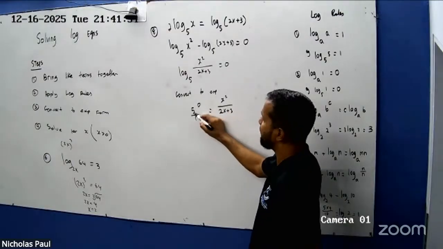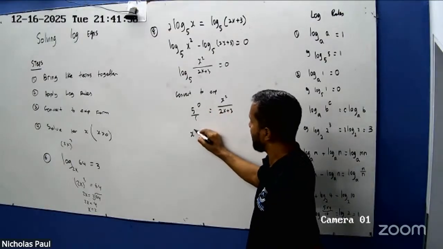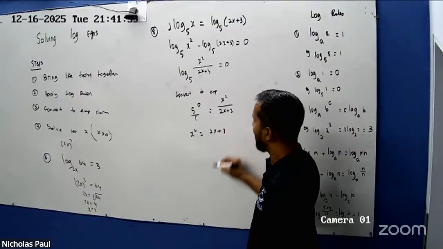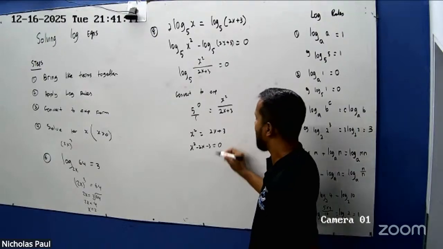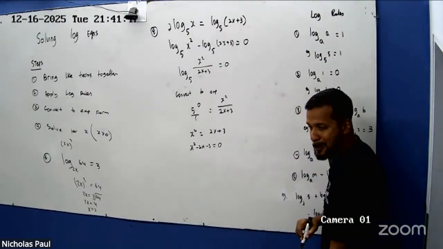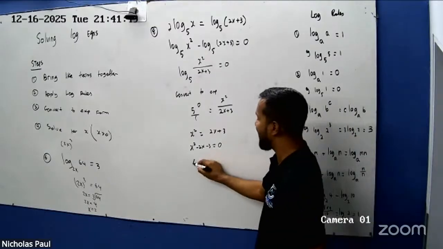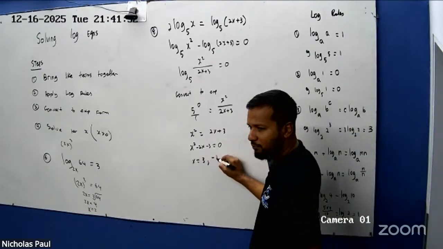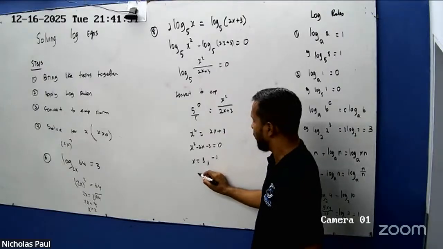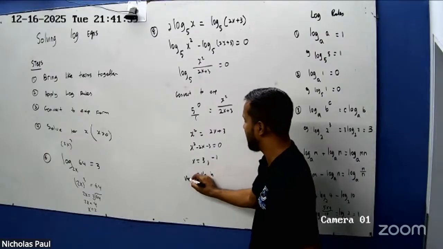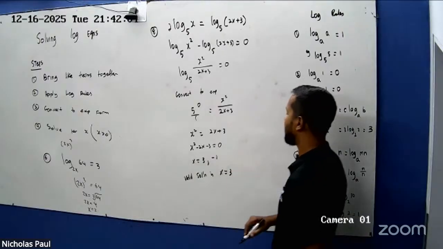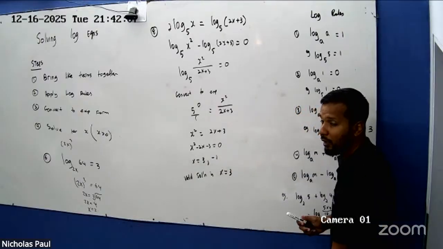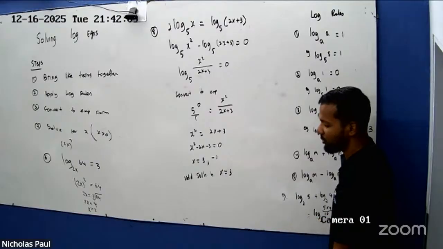Then cross multiply, 5 to the 0 is 1. So that will be x squared is equal to 2x plus 3. Move it across, x squared minus 2x minus 3 is 0. When you solve it in the calculator, you will get 3 and minus 1. So the only valid solution is x is equal to 3.